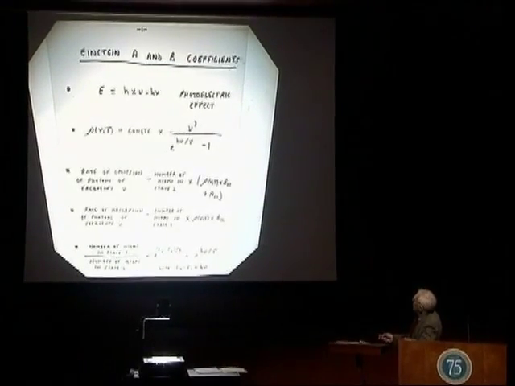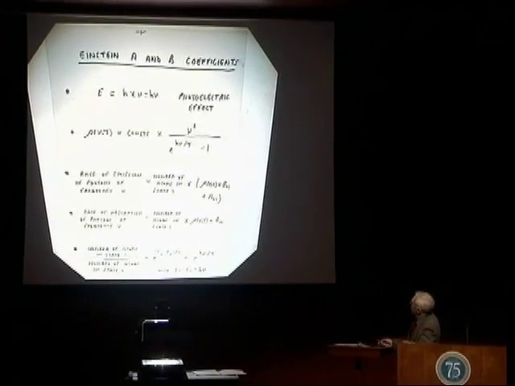He said, the rate of emission of photons of frequency nu must be proportional to the number of atoms in the upper state times two terms here. A constant reflecting the spontaneous emission of photons, and a second term, a constant times the density of photons already present, reflecting an induced emission.